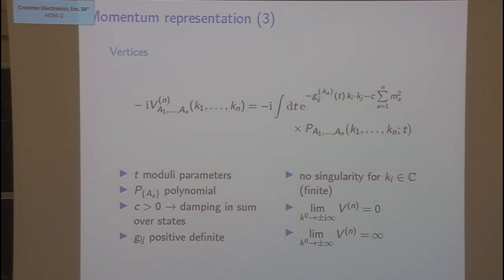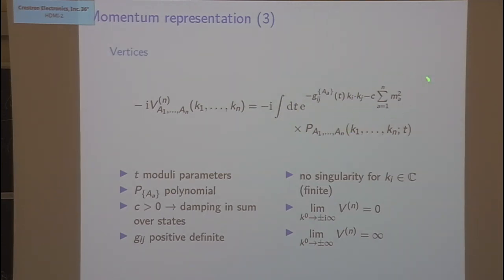Then you have the vertices, which are a bit more complicated. Here you have some integration over the moduli parameter, but we don't need to be more specific. Here you have some polynomial of the momentum, depending also on the moduli parameter. But the important point for us is this exponential factor.